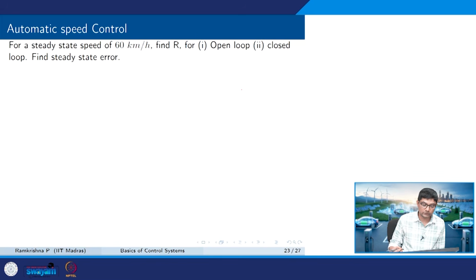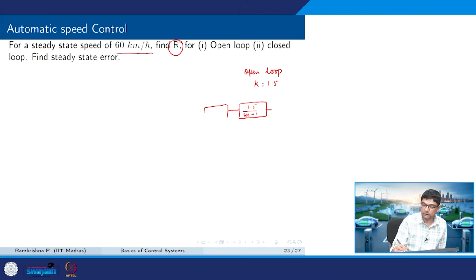Okay, let us now look at a steady state speed of 60 kilometers per hour. Find what is the reference. Let's start with the open loop case. Okay, and say that my k is 1.5. So my plant looks like this. I have 1.5 over 20s plus 1. Then I have the throttle, which is the number 50 sitting in here.